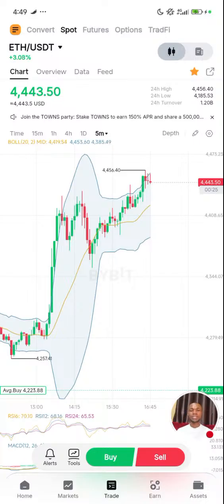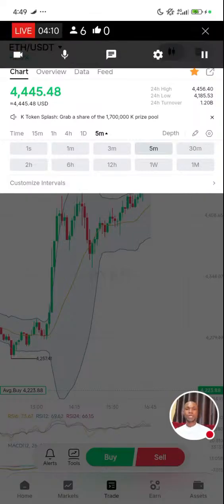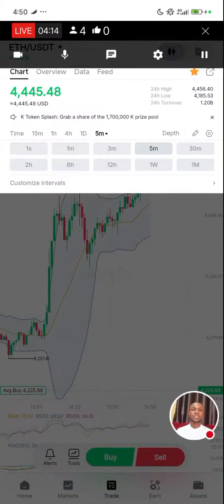All right, so basically this time frame here ranges from 1 second, 1 minute, 3 minutes, 5 minutes, 30 minutes, 2 hours, 6 hours, 8 hours, 12 hours, 1 week, and 1 month. So if you are a new beginner, you are newly trading, I advise you to start between 3 minutes and 5 minutes.